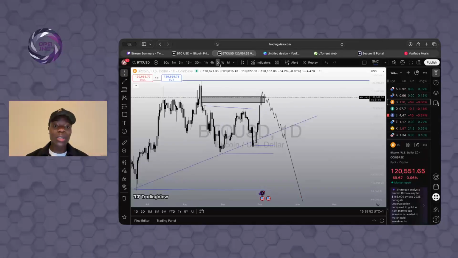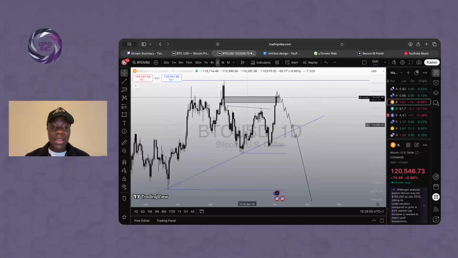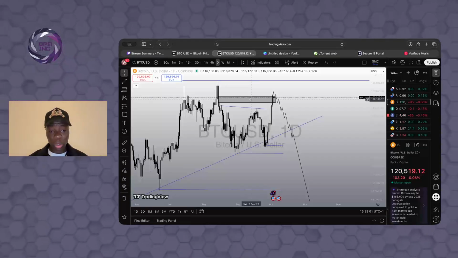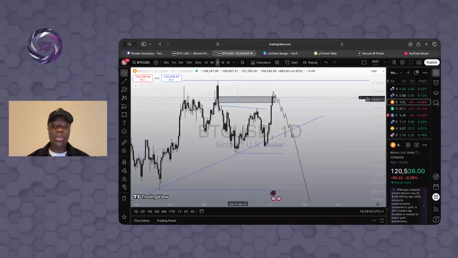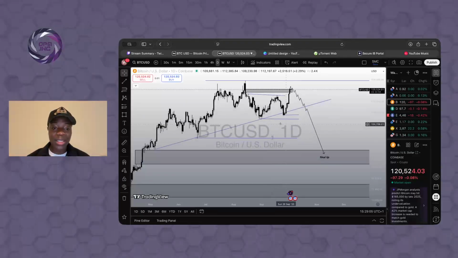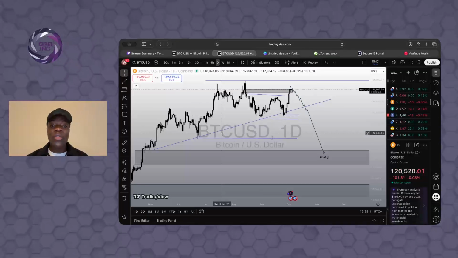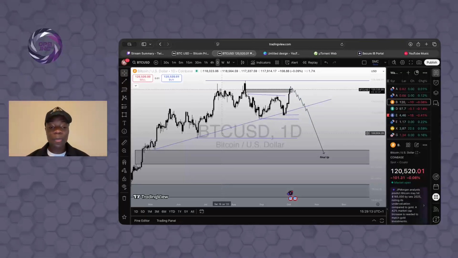So if we go down into the daily time frame, we're going to see this in a lot clearer picture soon, but as we can see right now, there's a buildup of internal liquidity on BTCUSD. I'm looking for this internal liquidity to get breached.